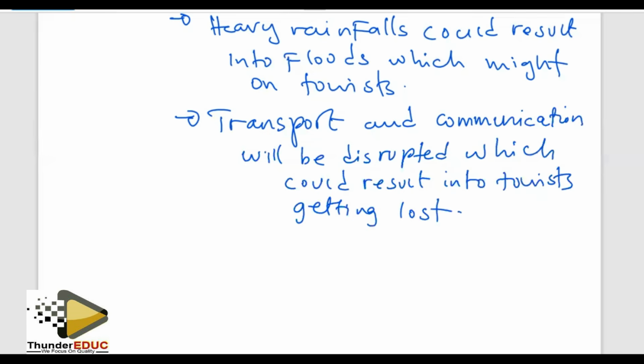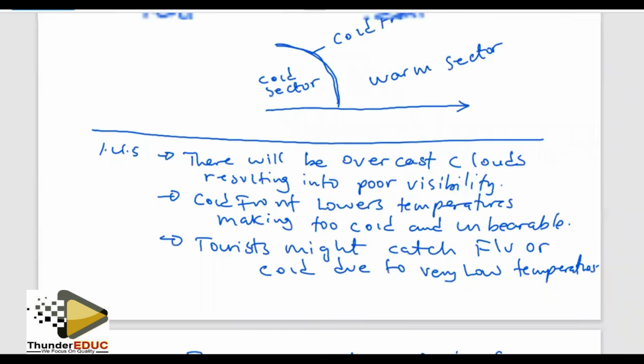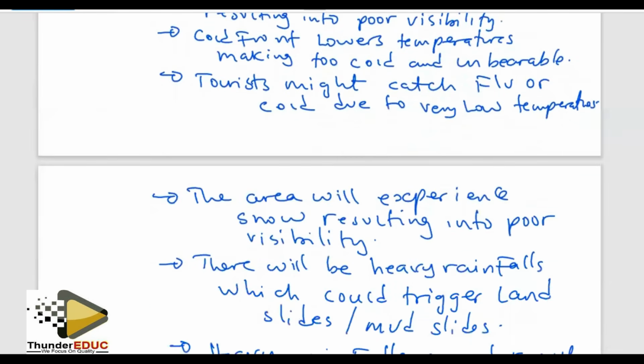So among other factors. So just to recap, we said there will be overcast clouds resulting into poor visibility. The cold front makes temperatures to be very low and unbearable. Tourists might catch flu or cold due to very low temperatures or due to cold snaps. And the area will experience snow resulting into poor visibility as well. There will be heavy rainfalls, which could trigger landslides or mudslides.